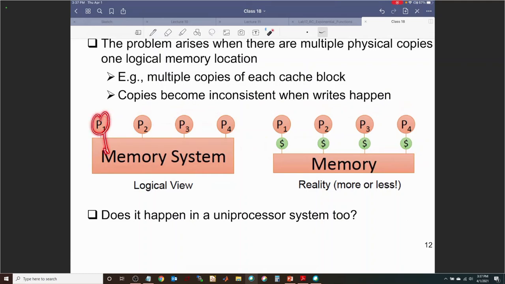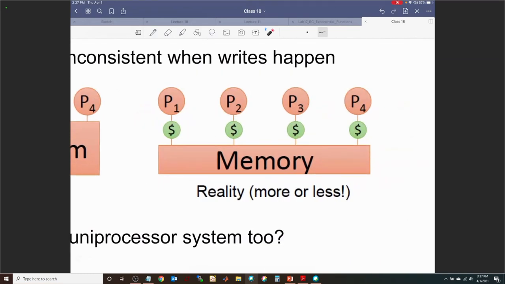So processor 1 has access, 2 has access, 3 has access, and 4. Each of these are CPUs, processors, right? So all processors have access to the memory system. That's your logical view. But in reality, what happens is processor 1 has a very expensive private cache right next to the processor, very, very nearby, which eventually has access to your physical memory. And the same thing for processor 2.